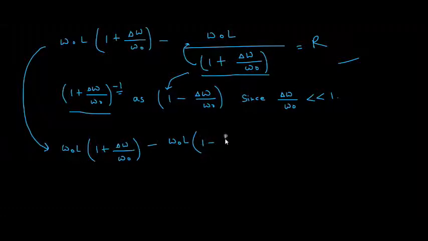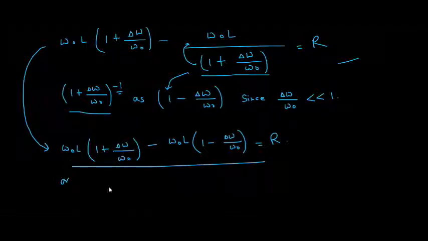So 1 minus delta omega upon omega naught is equal to R. Upon solving this whole equation, what you will get? You will get omega naught L multiplied by 2 delta omega upon omega naught is equal to R. This value you will get.